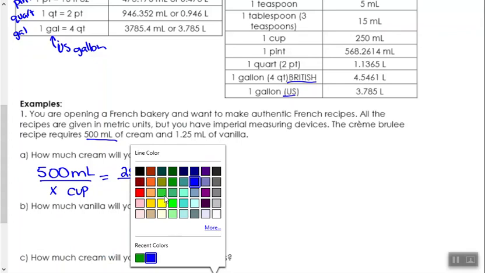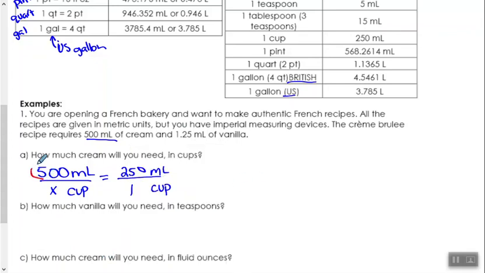And solving my proportion, multiply and divide. So 500 times 1 divided by 250, and 500 divided by 250, you get exactly 2 cups. So I will need 2 cups of cream.